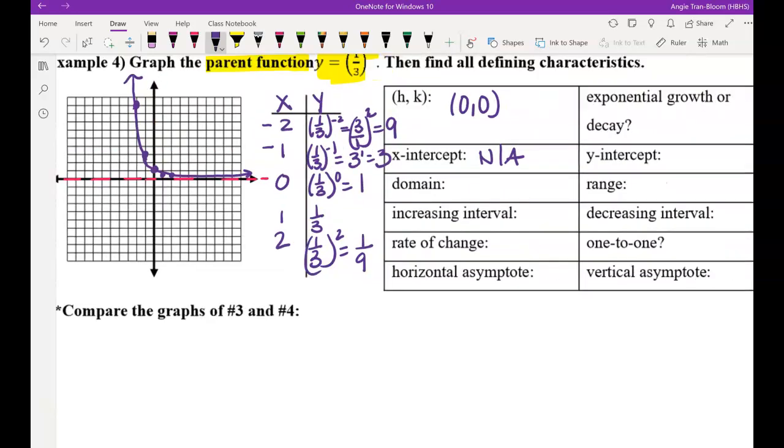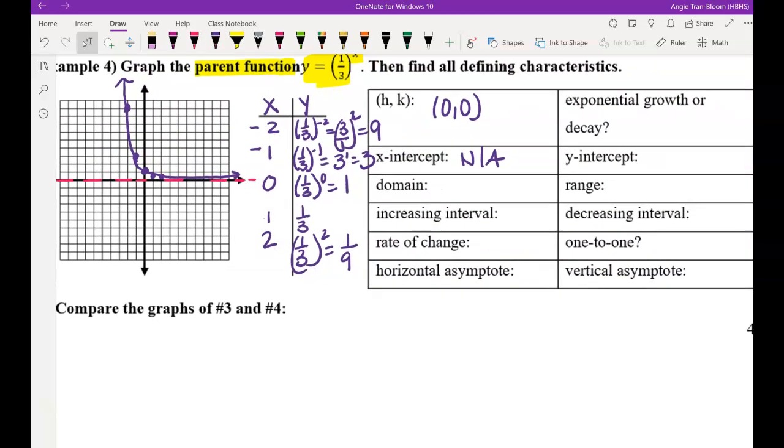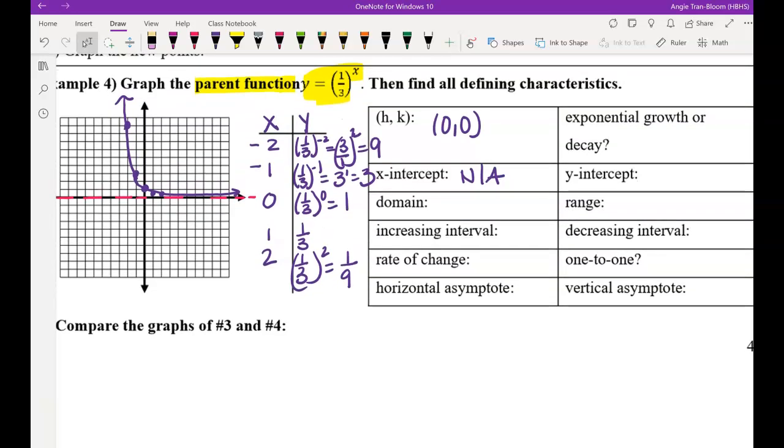Now, even before we graph, we knew it was going to be a decreasing interval since your base is going to be 1/3. So that's going to be a decay graph, which is decreasing over the entire domain, from negative infinity to infinity. That tells us here's our domain. Increasing is going to be none. Rate of change, it is not a line, so we will write varies.